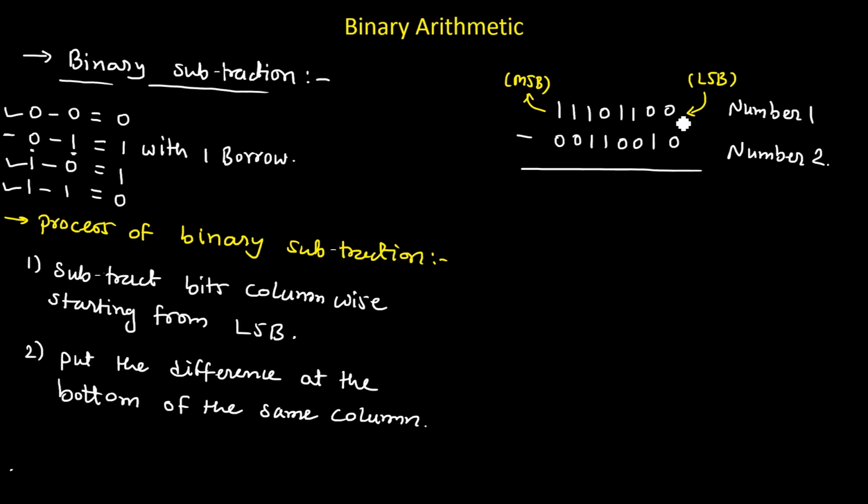In the first number, the least significant bit is 0, and in the second number, the least significant bit is also 0. We take the difference in the first column and put it at the bottom of the same column. So 0 minus 0, the difference is 0. We put that at the bottom of the first column.